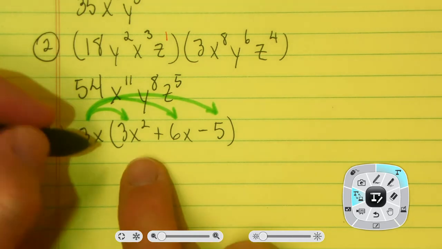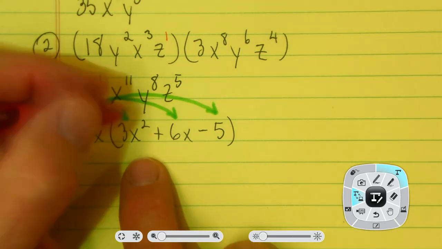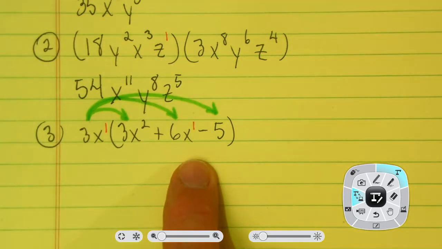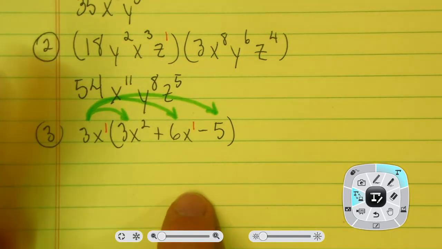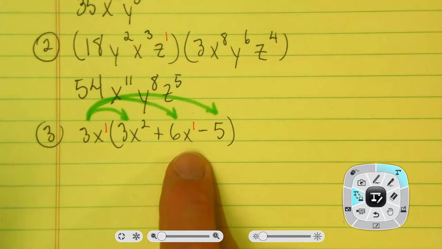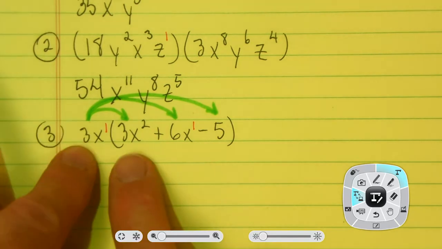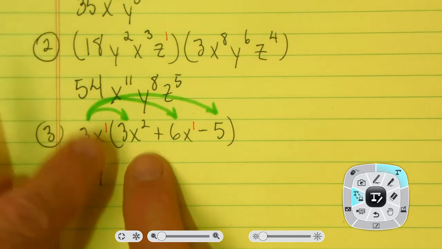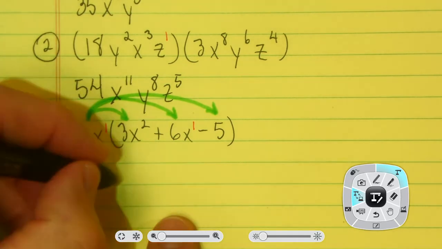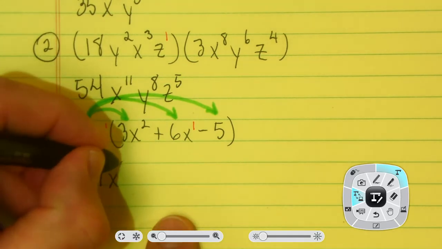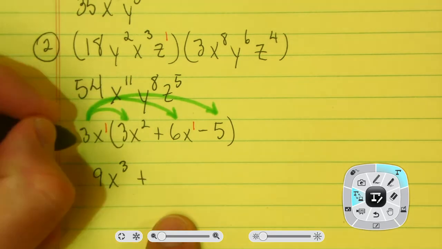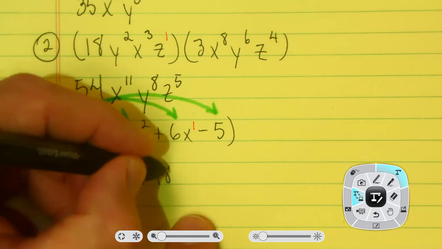So when I do that, I am going to keep in mind that my exponent, whether there or not, is a 1 for this x and this x as well. So 3 times 3, 9. X to the first times x squared, it's 2 plus 1 or 3. Plus 3 times 6, which is 18.